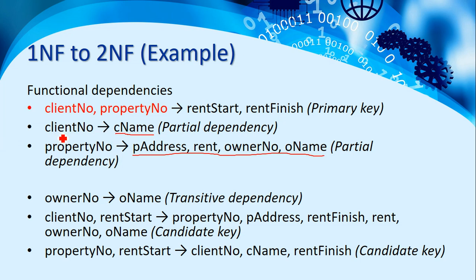So in this case, this is the primary key. And then what happens is, with this client number, if we just remove the property number, since client number functionally determines the client name, so yeah.